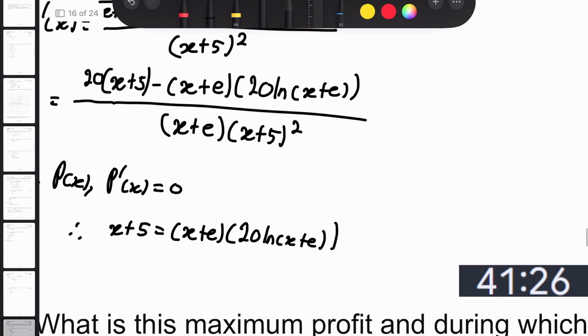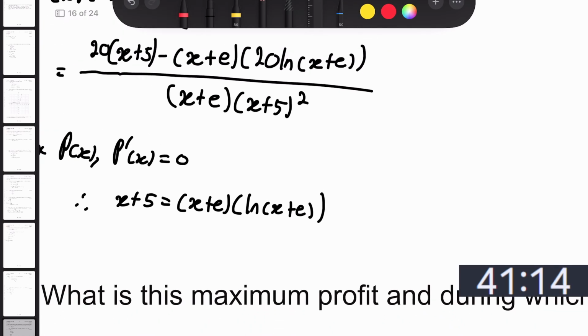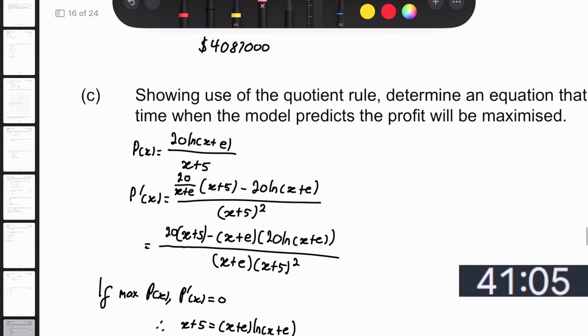So then when I make them the same, I can get rid of that. And this can just be ln of x plus e. Always sneaky these natural logs. I don't need double brackets. I can just put ln of x plus e. Okay. I think that's nicer.